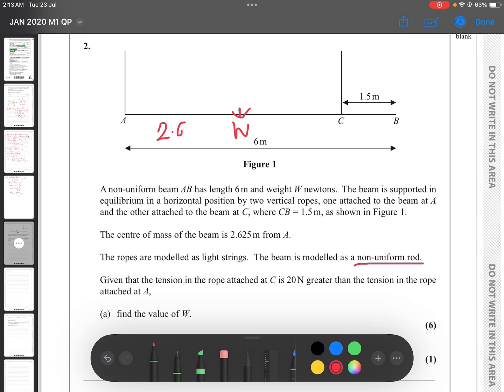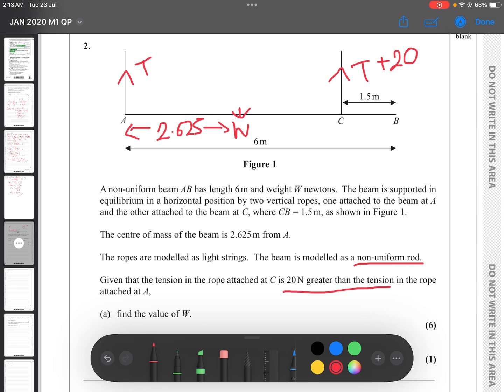This is 2.625 meter from A. And now, given that the tension in the rope attached at C is 20 newtons greater than the tension in the rope attached at A. So at A, I'll consider the tension as T, and at C, as they say 20 newtons greater, it's going to be T plus 20. I hope you guys understood.